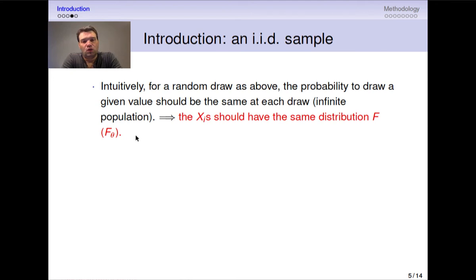This assumption would not be true if we had a finite population. If we had, for example, 1,000 persons in the population, and you pick a woman at the first row, you still have 999 persons in your sample for the second row.